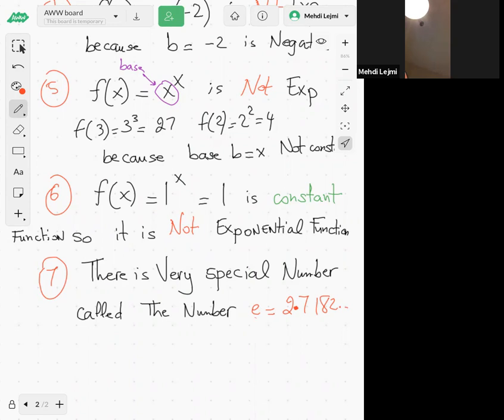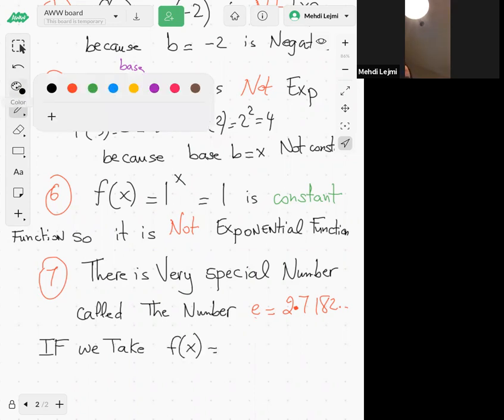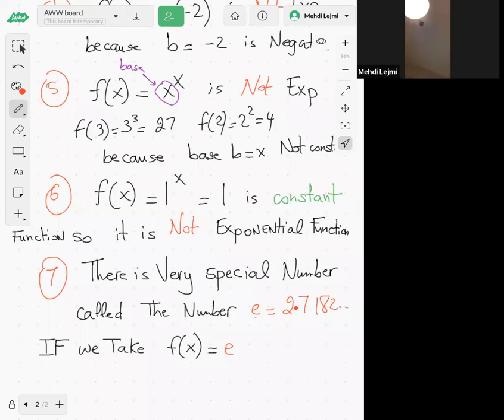Well, the special thing is that if we take f of x equal to this number e, so e to the x. Again, this e is a decimal, like 2.7 something. So e to the x is an exponential function, of course, because you have some constant.